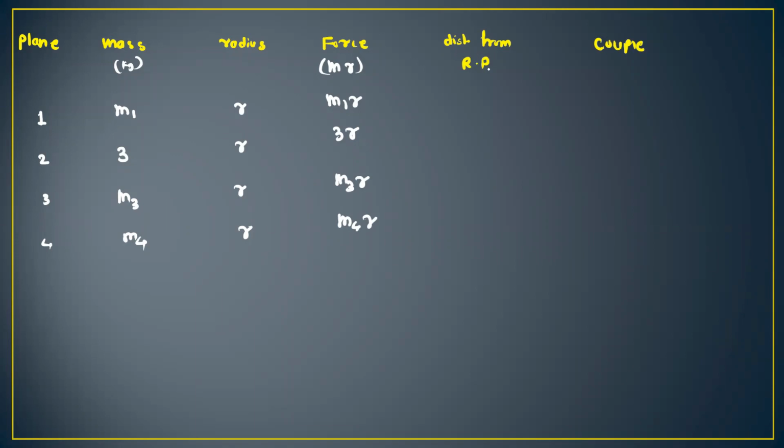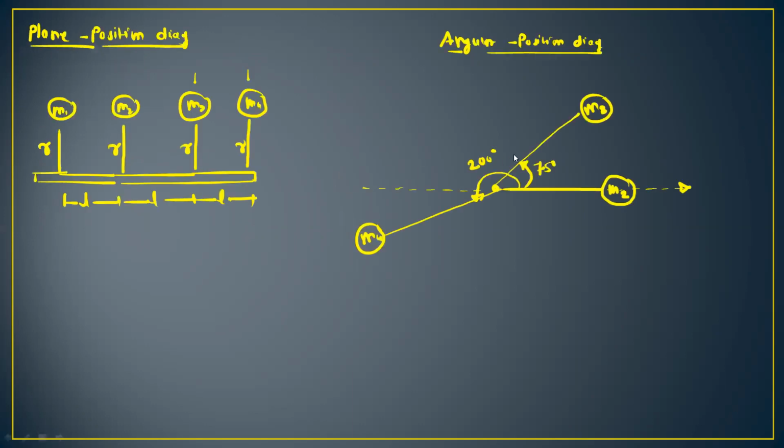Now next will be the distance from the reference plane. So out of these 4 masses, which mass should we take as a reference mass? If you observe the couple polygon, the angular positions of m2, m3 and m4 are given, but the angular position of mass m1 is unknown.